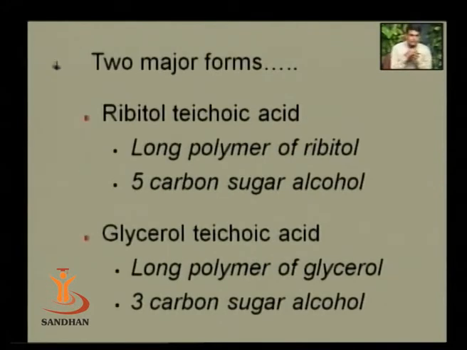So two major forms of this teichoic acid I have already described: ribitol teichoic acid, which contains a long polymer of ribitol, a 5 carbon sugar alcohol, and glycerol teichoic acid, which has a long polymer of glycerol, a 3 carbon sugar alcohol.